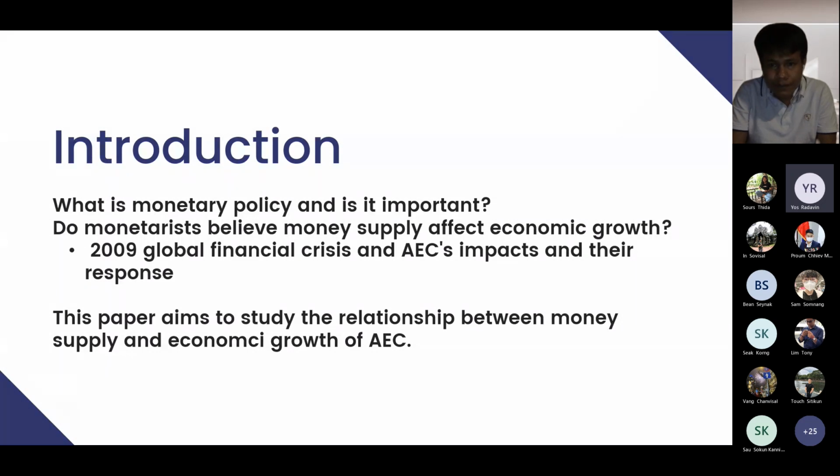The expansionary monetary policy was enacted to stimulate economic growth by lowering interest rates in order to increase the money supply. And this paper studies the relationship between money supply and economic growth in the context of the AEC countries. So therefore, my friend will continue from this. Thank you.